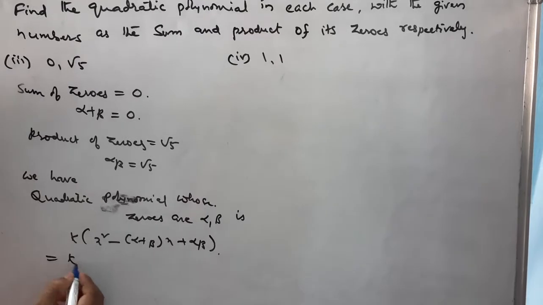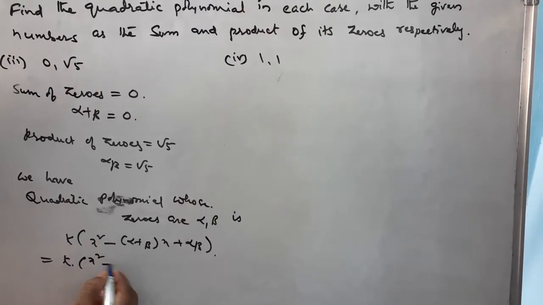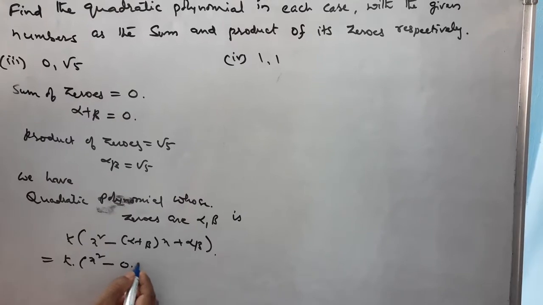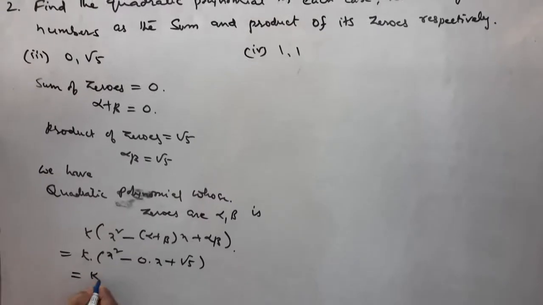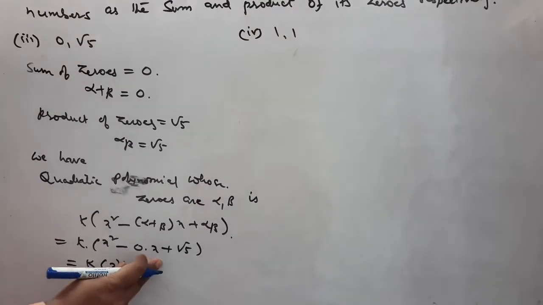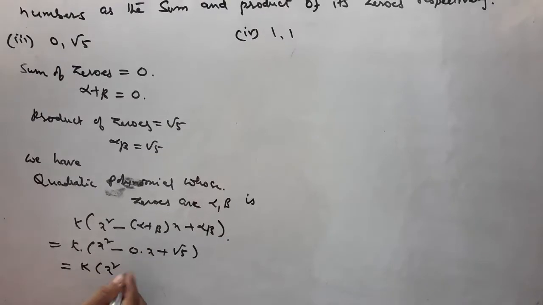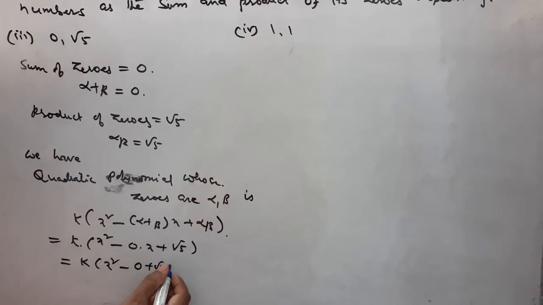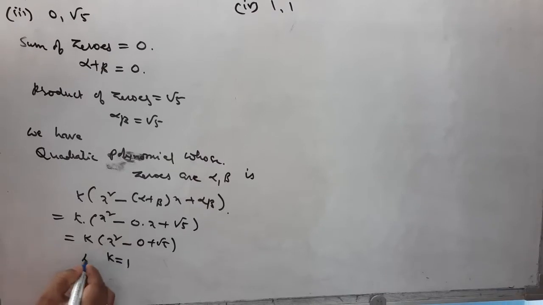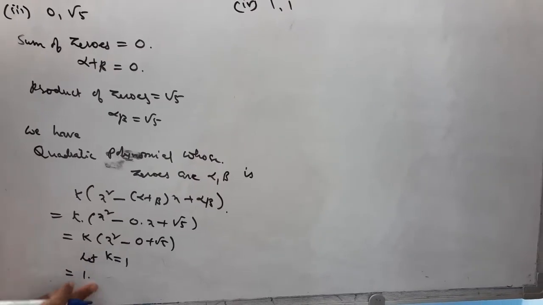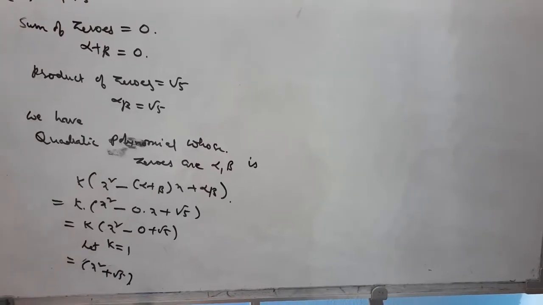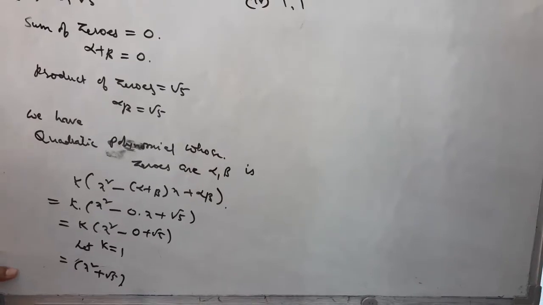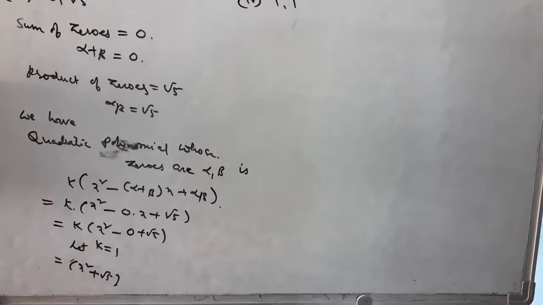So that is k into x square minus 0 into x plus root 5, which is k into x square minus 0 plus root 5. Now I am taking k equal to 1, so we get x square plus root 5. So this is a quadratic polynomial whose zeros are alpha, beta.